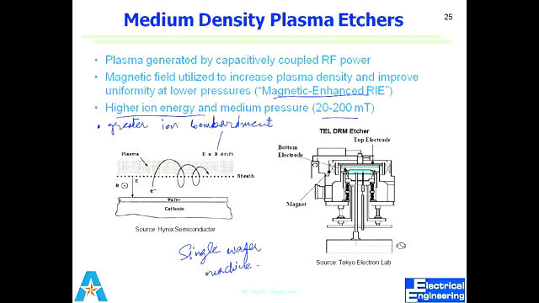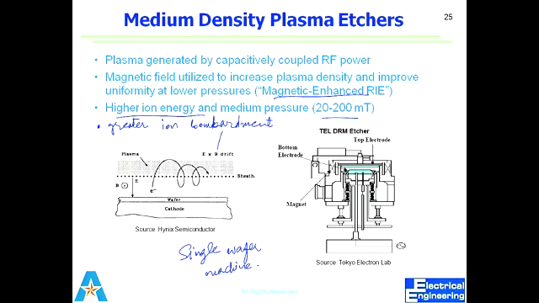Okay, now medium density plasma etchers. In that case, again, the coupling is done by capacitively coupled RF power, and in order to increase the plasma density, we use a magnetic field. As in the figure on the right hand side, you can see that there is a magnet attached. Because it's capacitive coupling, there would be a positive electrode and a negative electrode, and your wafer sits at the bottom electrode, the grounded electrode that the arrow shows.